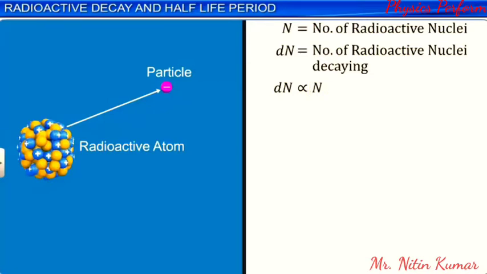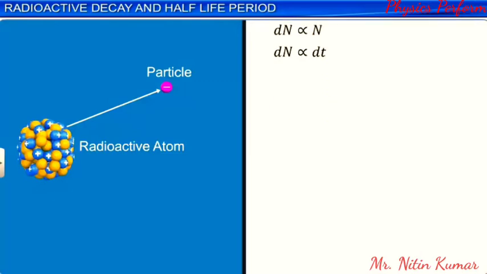The number of nuclei that will decay will also be proportional to the time interval dt. If we take a longer dt into consideration, then more nuclei will decay in this longer interval dt, since longer the interval, greater the chance of decaying. Thus, dn will be proportional to n dt.